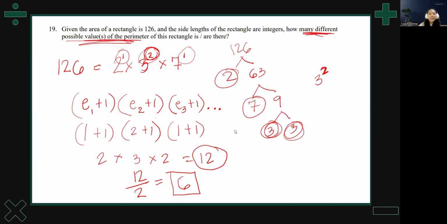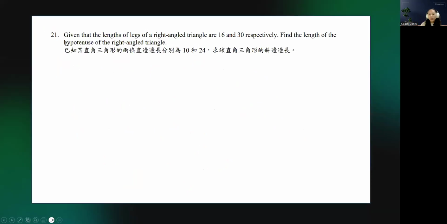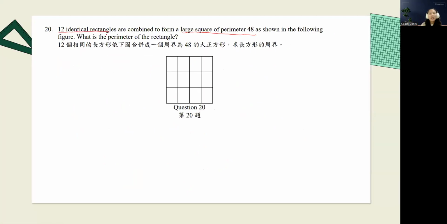Number 20. There are 12 identical rectangles combined to form a large square of perimeter 48, as shown in the following figure. What is the perimeter of the rectangle? So we have 12 identical rectangles right here. To form a large square of perimeter 48, first let's divide by 4, the number of sides of a square.